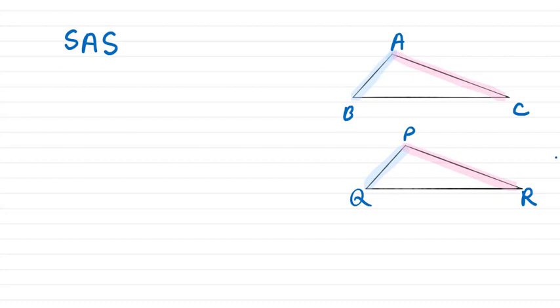And a very important thing here is that one of the angles is also equal. You have to see that the angle should come between these two equal sides. That's why the A is between these two S's. So SAS means two sides will be equal and the angle containing these two sides will also be equal. Only then will you use this criteria to prove congruence.